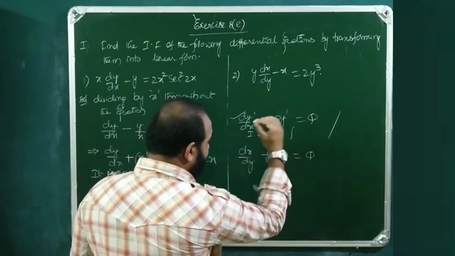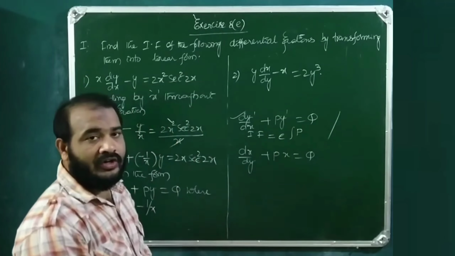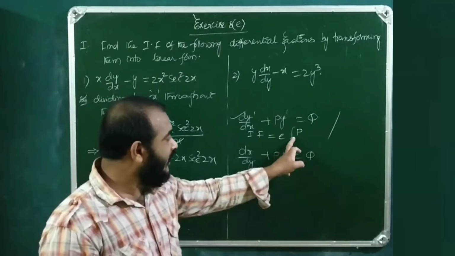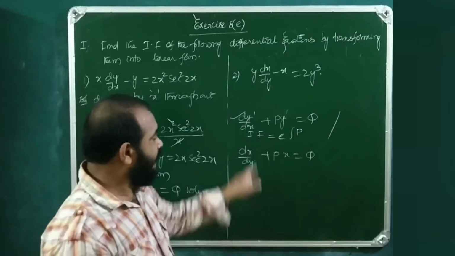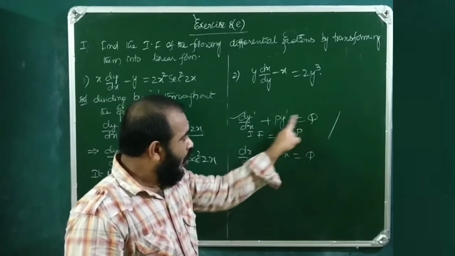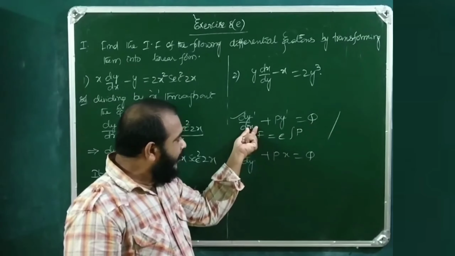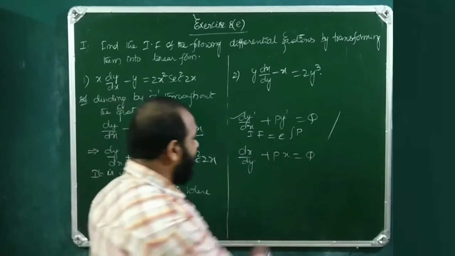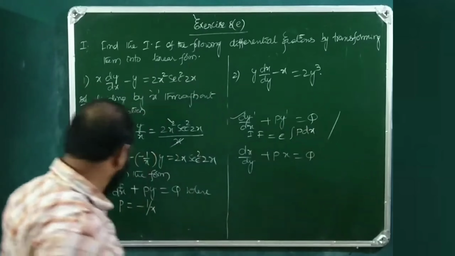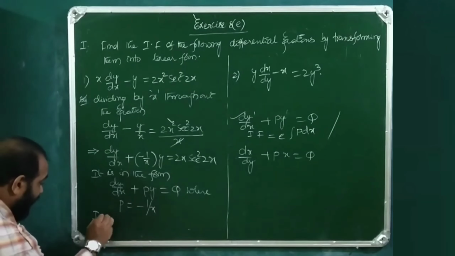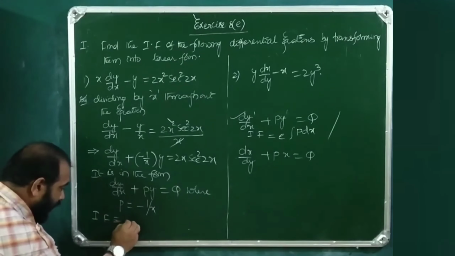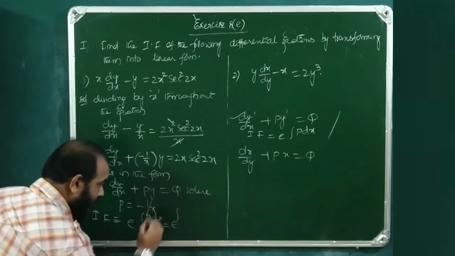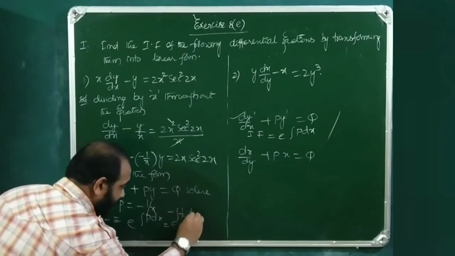So what is the integral factor here? E power integral p. Do not confuse as to what to write, dx or dy. Here p comma q are in terms of the independent variable x, therefore p is associated with dx. So the integral factor is e power integral p dx, e power integral minus 1 by x dx.